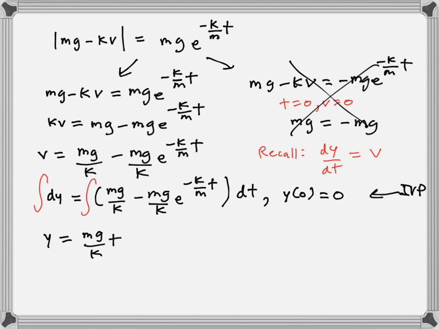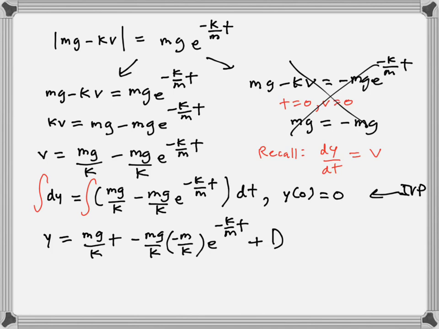I'm going to multiply by the reciprocal. I get times negative m over k. So it's going to be minus mg over k times negative m over k, and then e to the negative k over m t. And then I'm going to write plus d because we do have a different constant here. Okay?